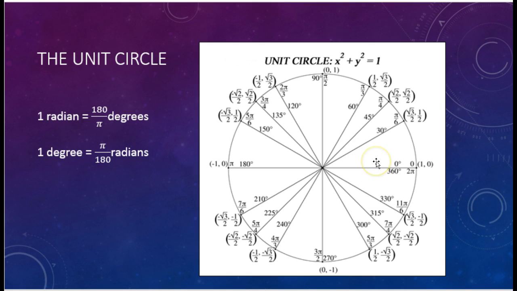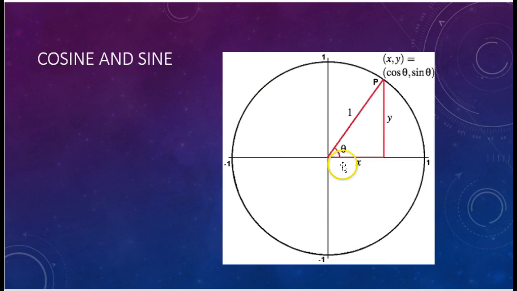But what we need now is a way of starting with the arc length or the angle, either in radians or degrees, and getting the XY coordinates. And for that we use two more trig functions called cosine and sine.